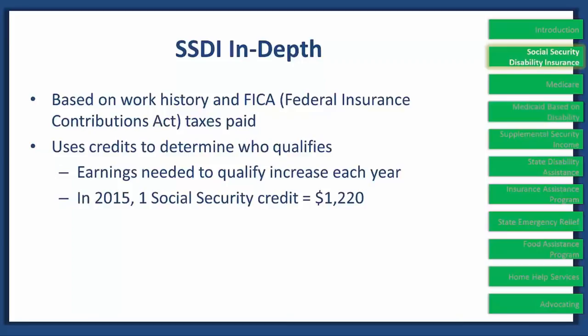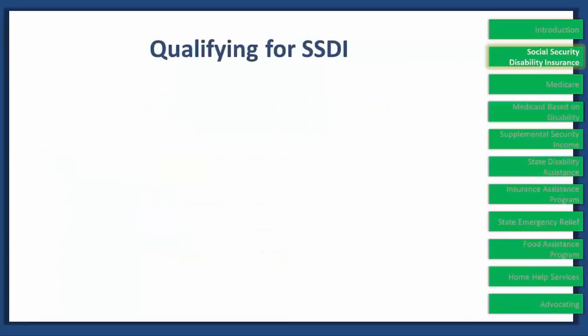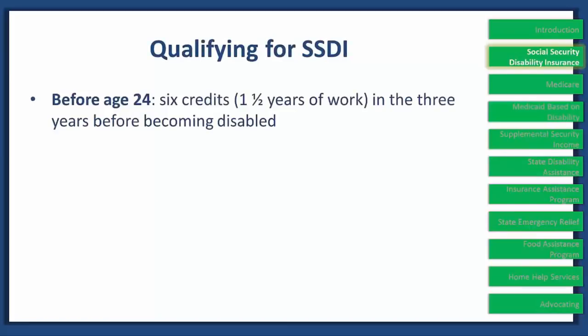The number of credits required to qualify for disability benefits depends on how old your client is when he or she becomes disabled. Let's look at a few examples. If your client becomes disabled before age 24, he generally needs 1.5 years of work or 6 credits in the 3 years before becoming disabled.